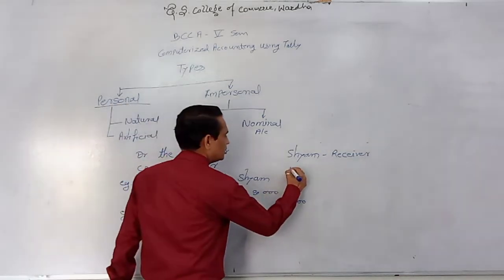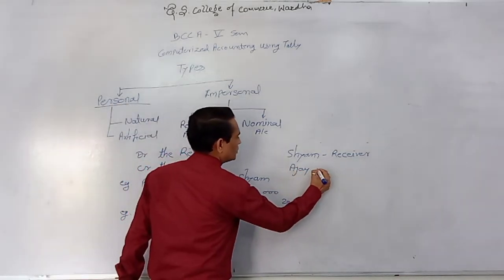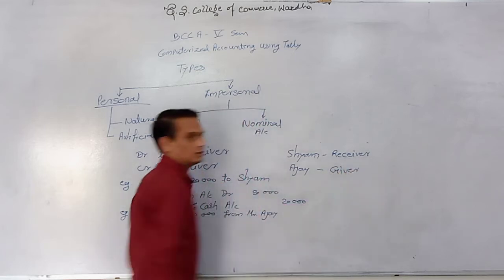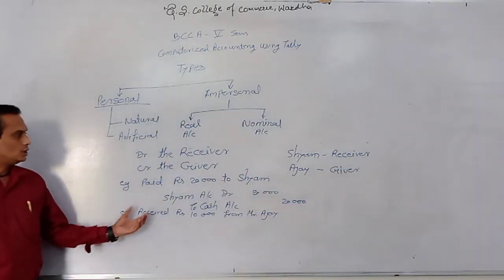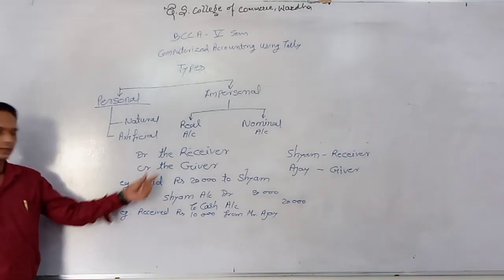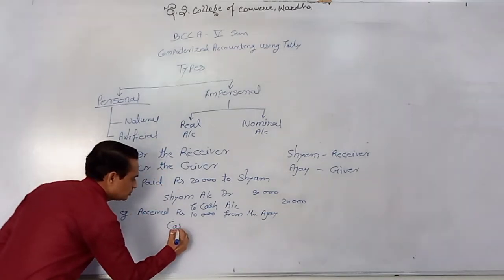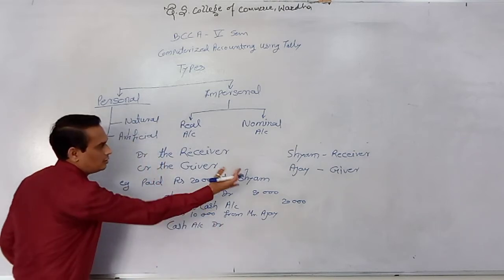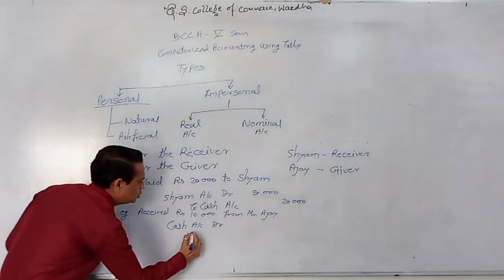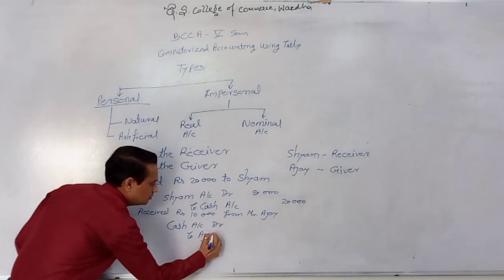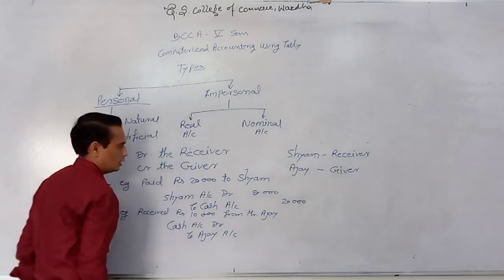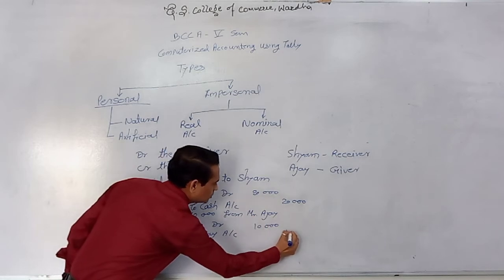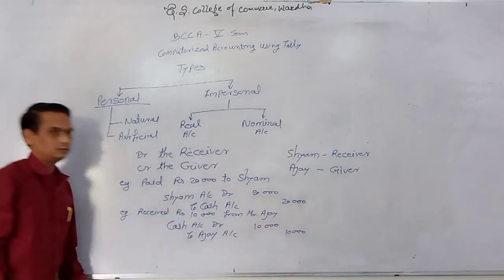Here Ajay is the giver, so the giver is always credited. So cash account debit. Who is the giver? Ajay is the giver. So to Ajay account, rupees 10,000 on the debit side, 10,000 on the credit side.